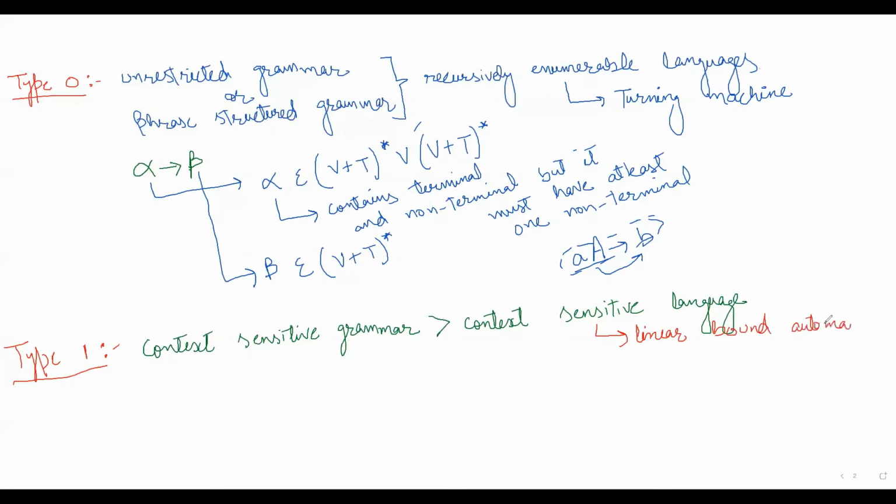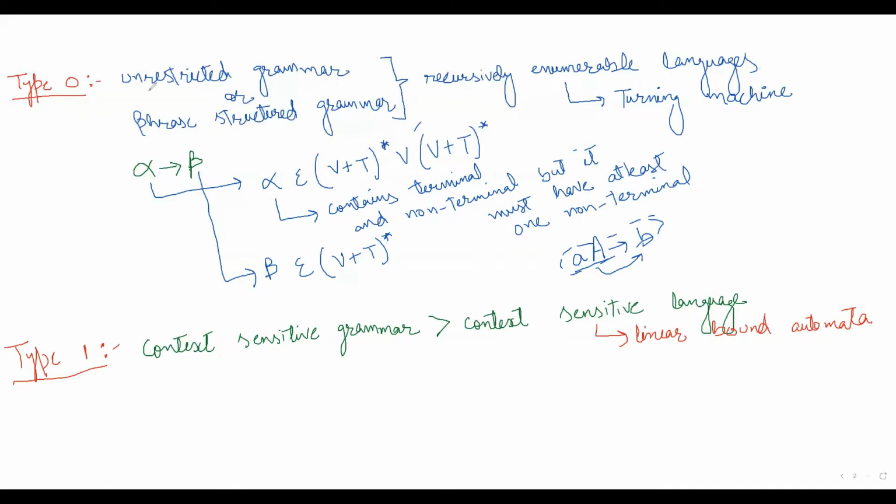So what I am saying here is that type 1 grammar is also called context sensitive grammar, and the language generated by type 1 grammar is called a context sensitive language. And the automata, or the mathematical model, that recognizes this kind of language, context sensitive language, is called linear bound automata.